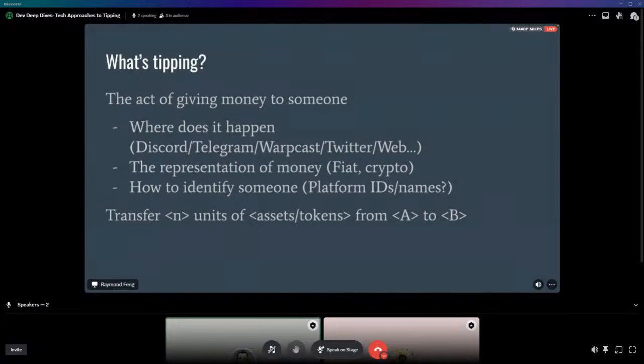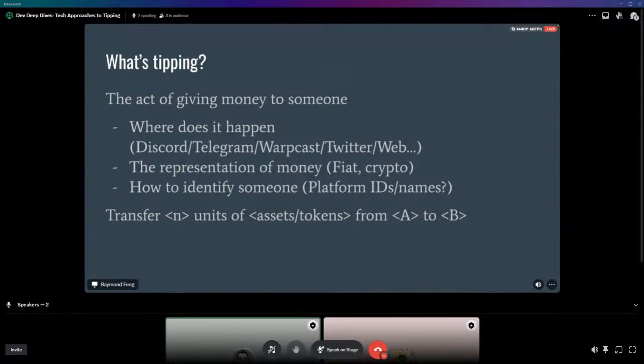Then when it comes to the crypto side or the social side, people can do tipping on many different social platforms. You can do that inside Discord, in a Telegram group, you can use Warpcast, you can use Twitter, you can use any web client. There are also many different mobile apps you can use. Understanding where the tipping happens is interesting because toward the end, you need to resolve these different variables.